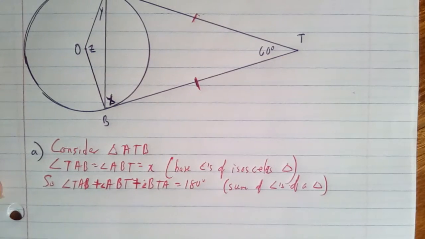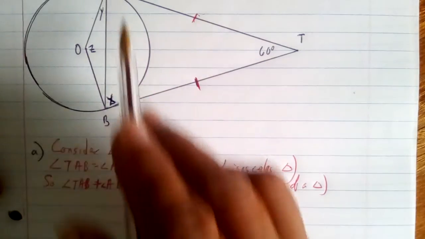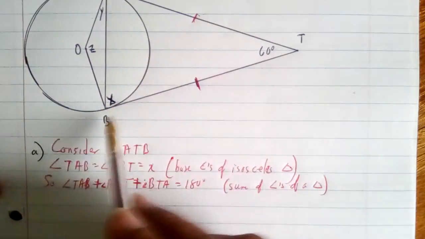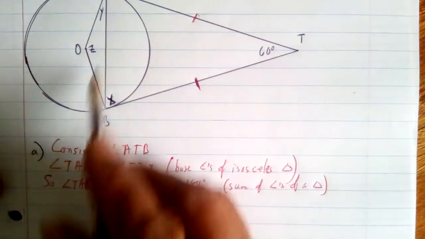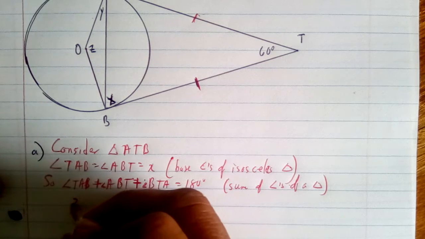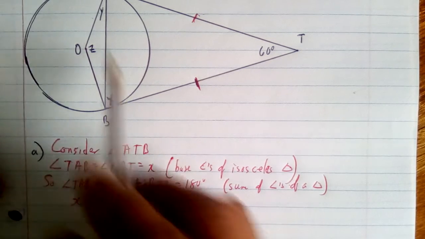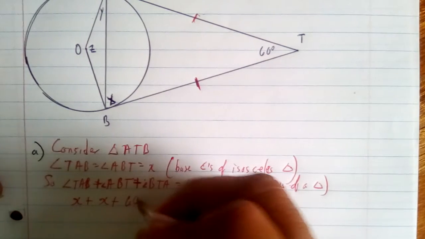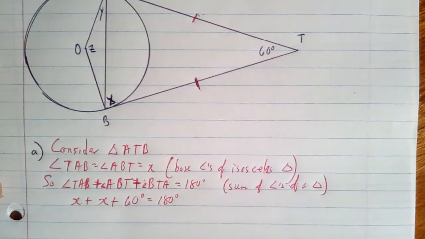Okay, now since we know that TAB and TBA or ABT are all equal to X, we can input the information that we have. So we put here X plus X plus BTA, which is 60 degrees, equals 180 degrees.